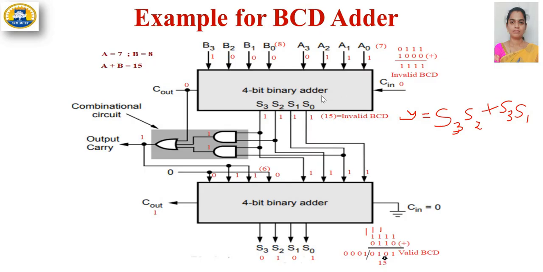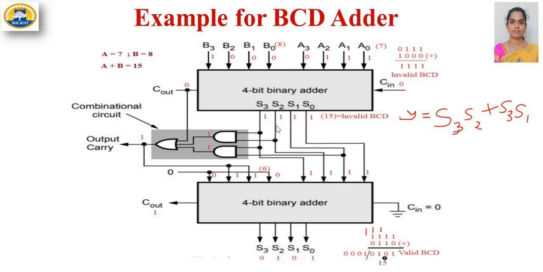After getting the 4-bit binary adder result, this 15, this BCD adder should check whether the result is greater than 9. If the result is greater than 9, it has to add 6 to that result to get the valid BCD. For that purpose, we have the expression Y equal to S3 S2 plus S3 S1, and we have drawn the logic diagram for this detection.